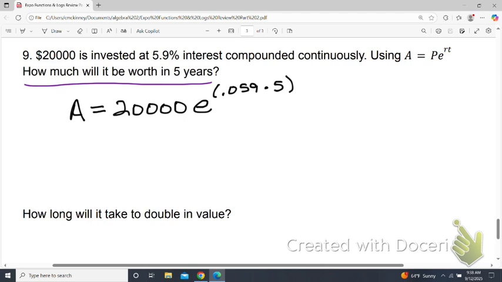On the calculator, to get E, remember E is second and ln. All right, so second and the natural log button. When that comes up, when you press this, it gives you E to the, and then it gives you a parenthesis. So it knows you need an exponent.